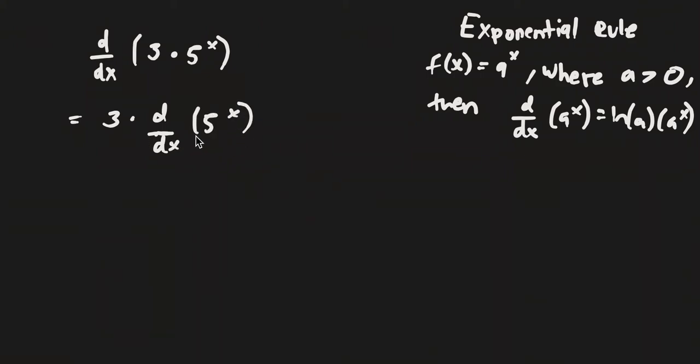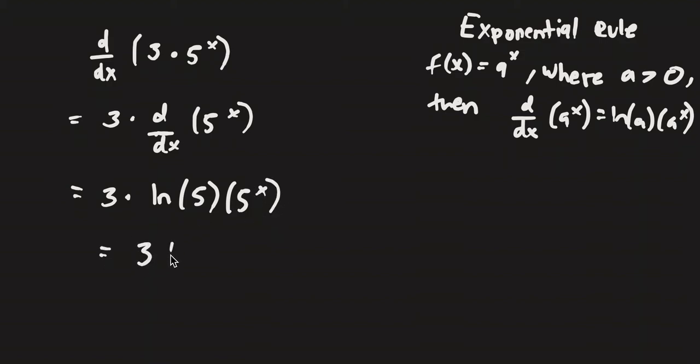So now you have the exact same thing that you had before, except you have a equals 5. So to solve this, I would do 3 times the natural log of a, which is 5, times 5 to the power of x. This equals 3 ln, or the natural log, of 5 times 5 to the power of x. And this is your answer.